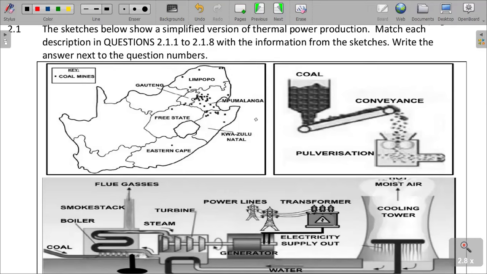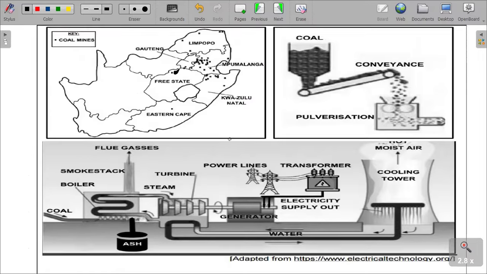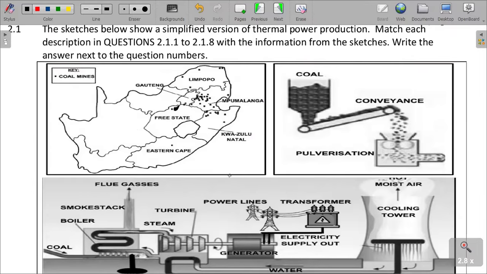We are given a key here, coal mines. These are coal mines that are indicated by these dots here, and we are given provinces. So in which South African province do we have the largest contribution of coal mines?